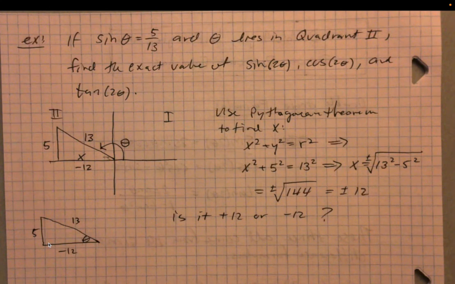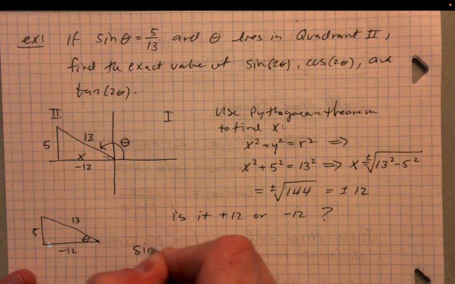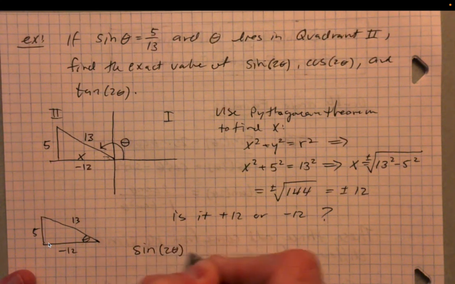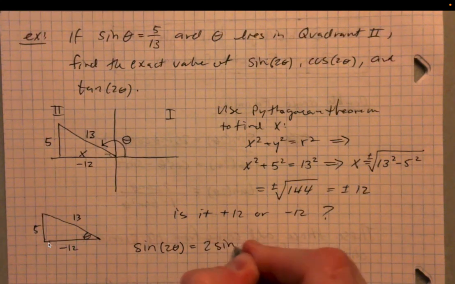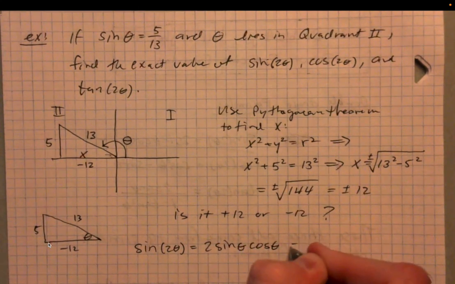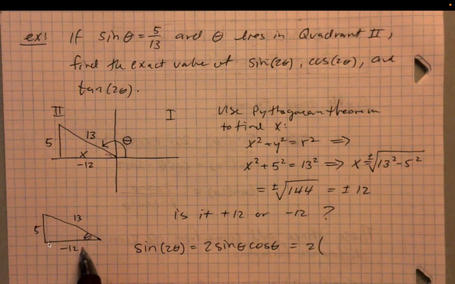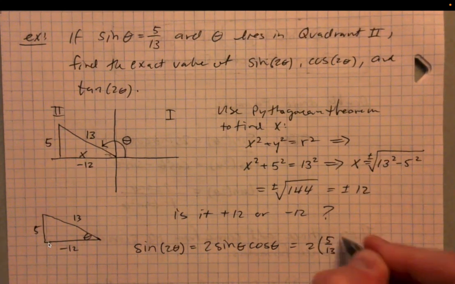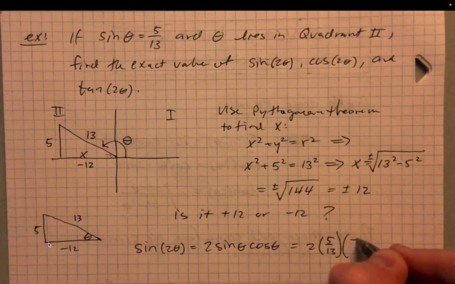And so we can easily determine what all of these values are. The sine of 2 theta is going to be equal to 2 sine theta cos theta, which is 2 times 5 over 13, and then the cosine of theta is negative 12 over 13.